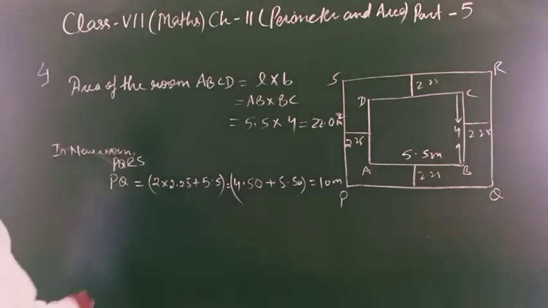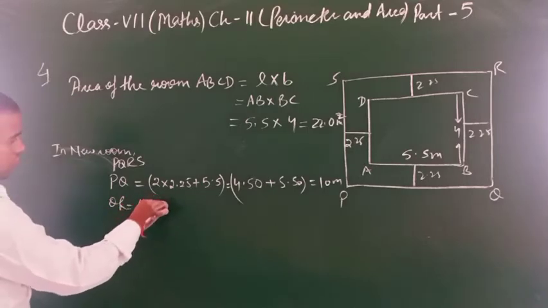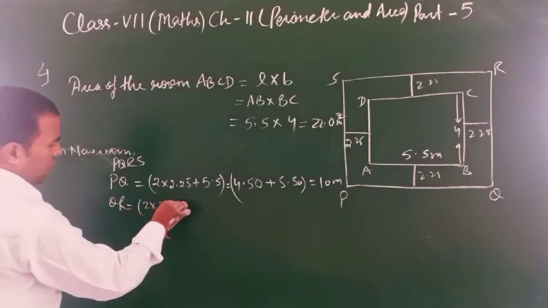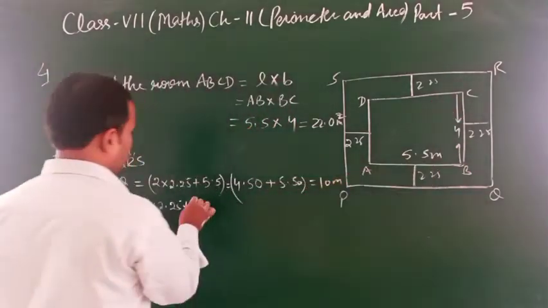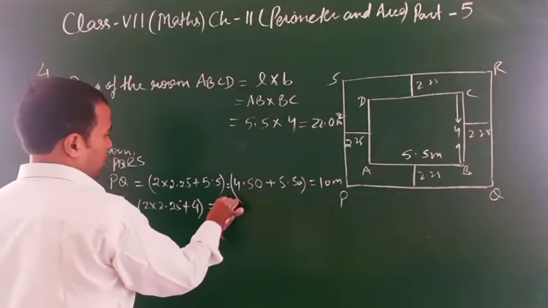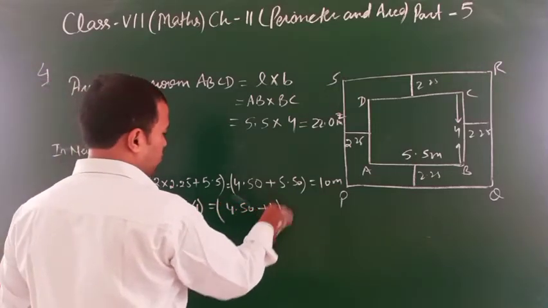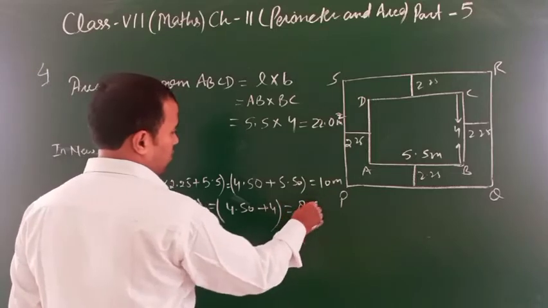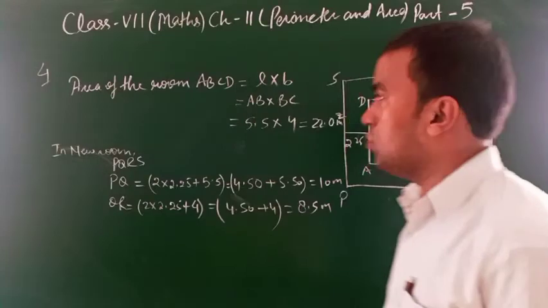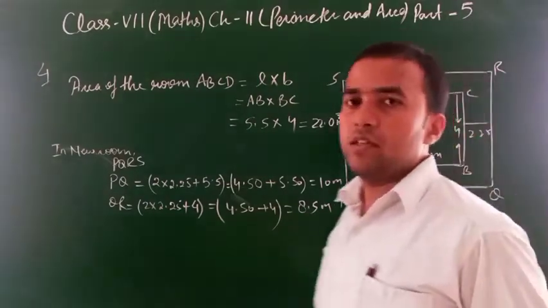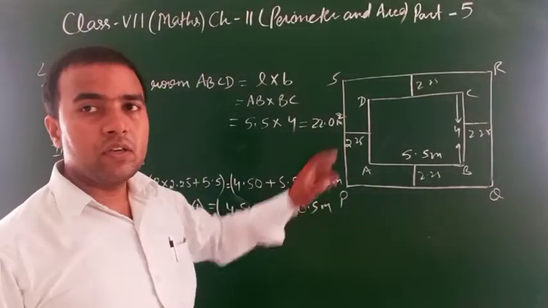Clear? Length of QR is 2 into 2.25 plus BC 4. So 4.50 plus 4 equal to 8.5 meter. Clear? It is the length and breadth of the new room.